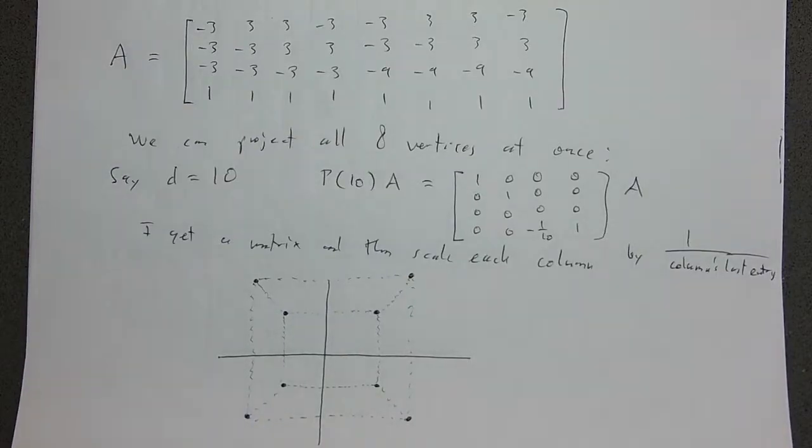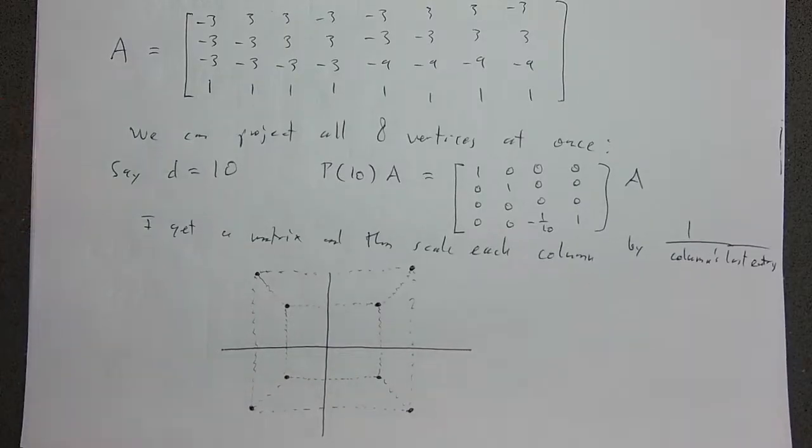onto 2D, given that viewing distance. The scale of this and how it looks would change a little depending on how close you are to the XY plane, or how far away you are. But this is what you get, and there's a lot of things you could do here. In the exercises, I'm going to ask you for a lot of these, but doing this by hand is obviously very obnoxious because to make these figures look decent you need a decent number of points.